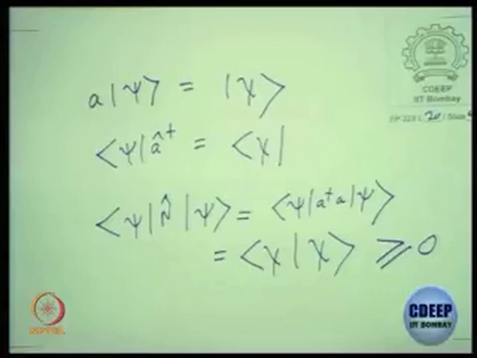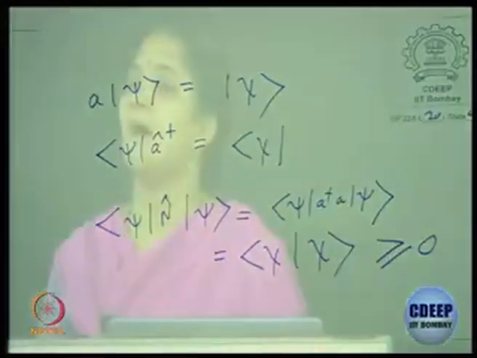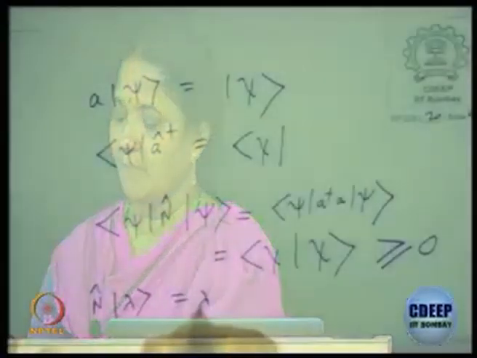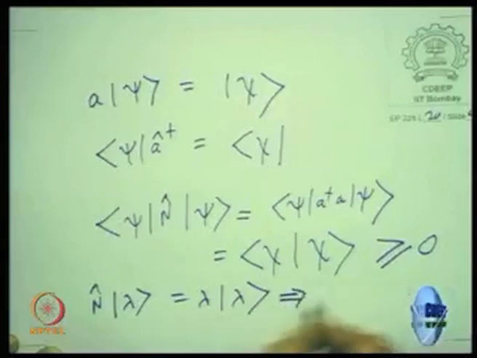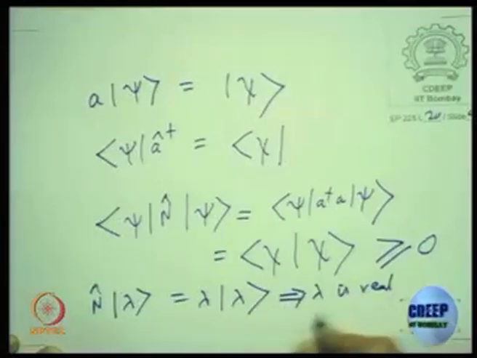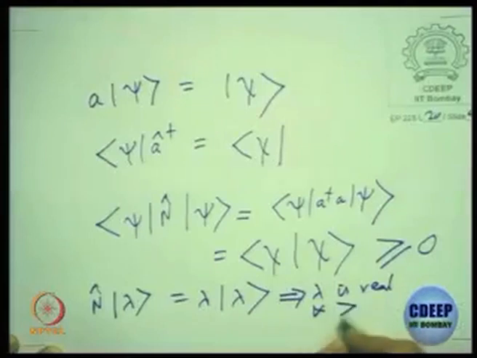Suppose psi was an eigenstate of the number operator. The number operator is Hermitian, so eigenvalues have to be real. On top of it, they have to be positive, or at most 0, not negative. So if I find an eigenstate lambda of the number operator, n on lambda is lambda on lambda, then this implies lambda is real and greater than or equal to 0.